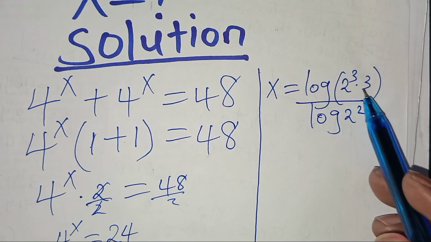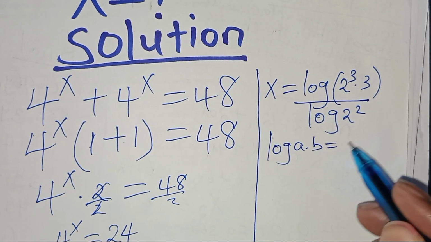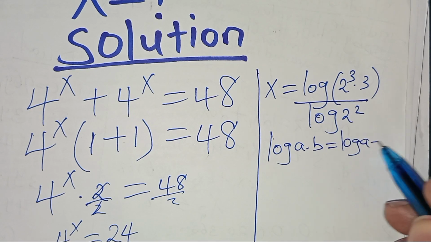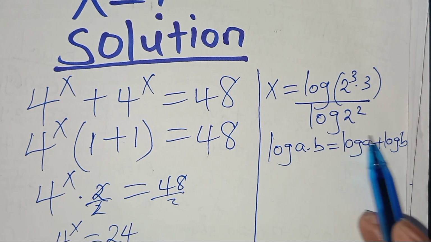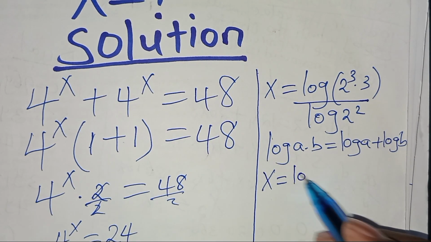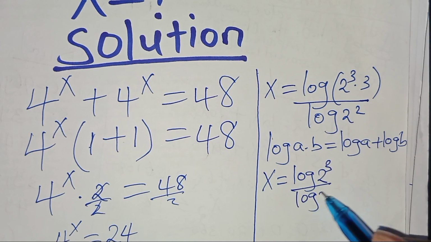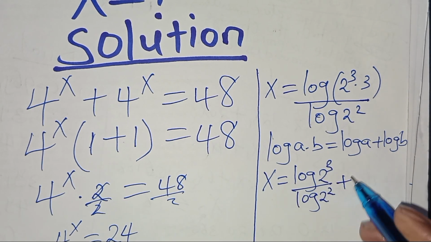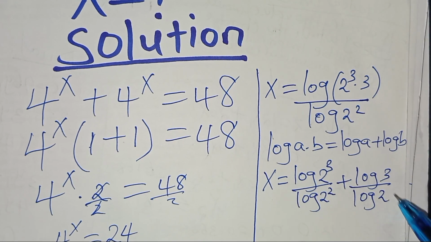Now, log 2 to power 3 times 3 is in the form of log a times b, which you can express as log a plus log b. Applying this logarithm identity, we'll have x equal to log 2 to power 3 divided by log 2 to power 2 plus log 3 divided by log 2 to power 2.